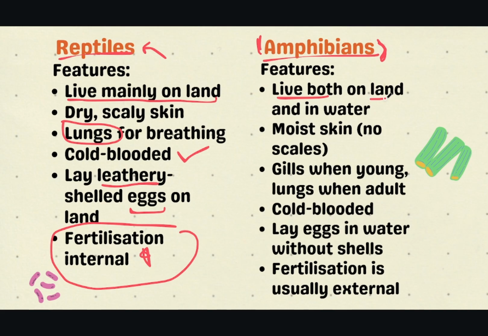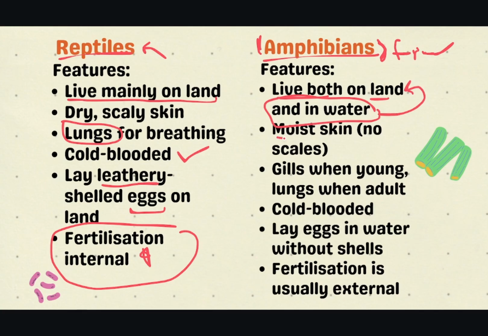Now, when do they live on land? When they're adults. But when they are young, when they're babies, they live in water. The classic example of amphibians is frogs. So frogs, when they're just born, live in water, and when they become adult frogs, they start living on land.